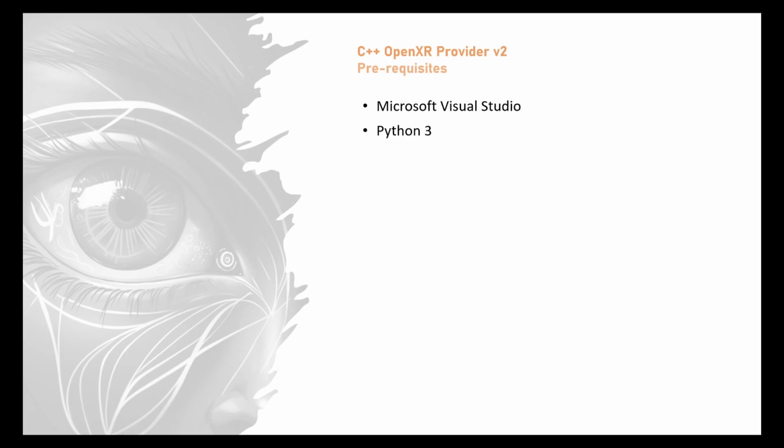You'll need Python 3. This is primarily so that we can build the OpenXR SDK itself from scratch. Git, which is our code versioning tool, as well as Git-LFS, so you can download larger binary files, such as the Blender source art assets used in some of the demos. And of course, we'll need the Vulkan SDK for the renderer.